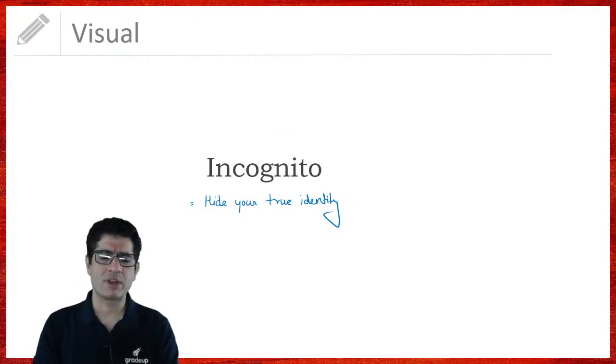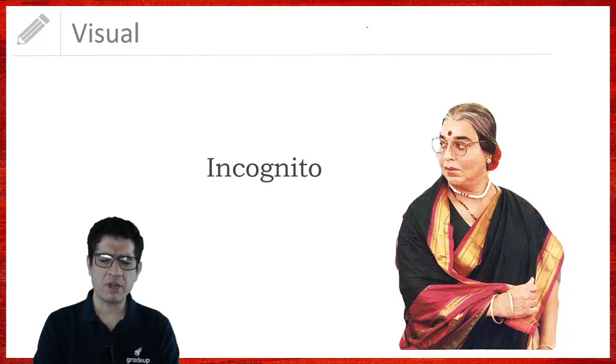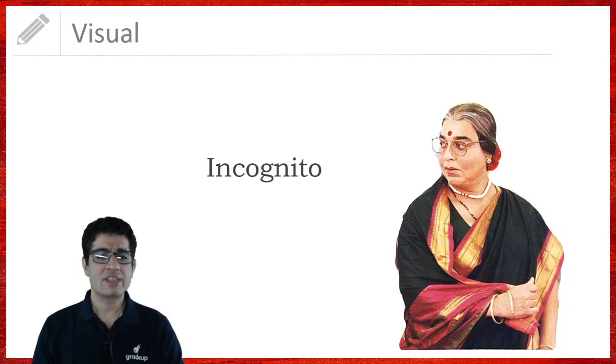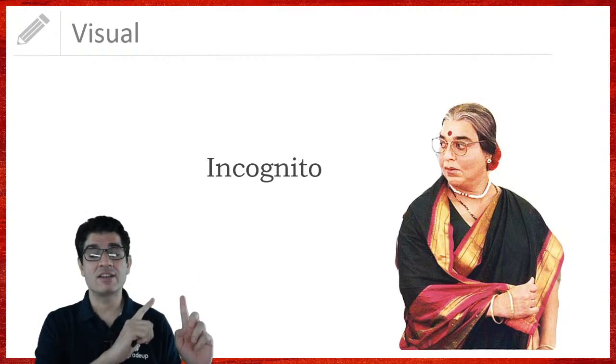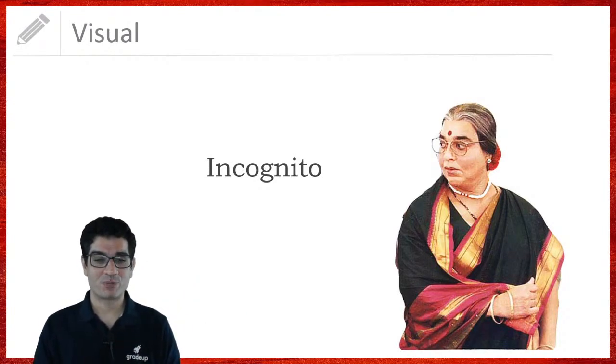Okay, so for example, now let's link it with a word. This is Kamal Hassan from this movie called Chachi 420, or in Tamil it was Avvai Shanmugam, if I remember it correctly. So in this movie, Kamal Hassan went to his in-laws' house incognito.